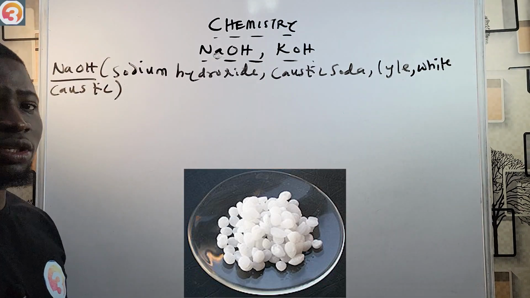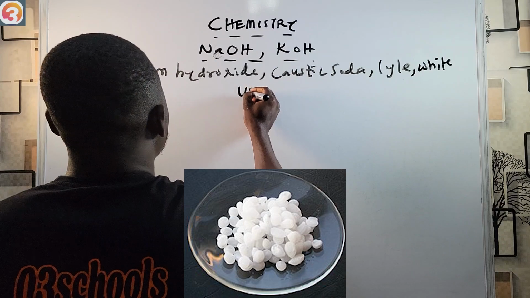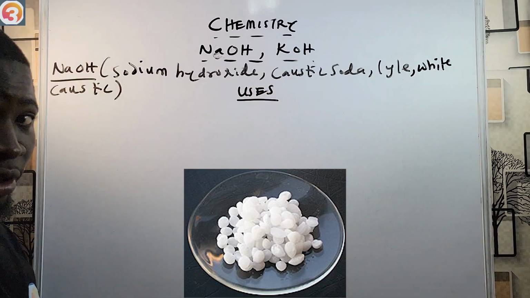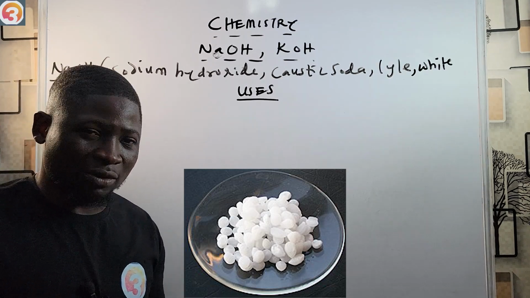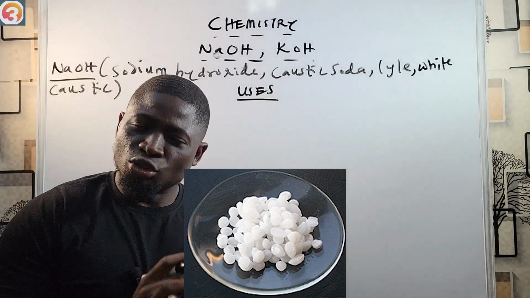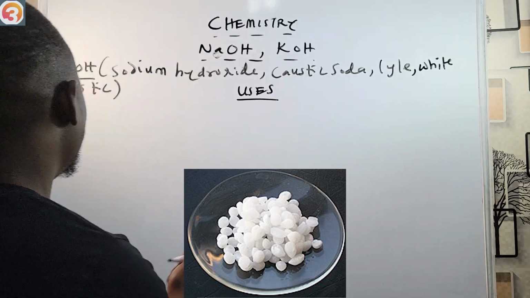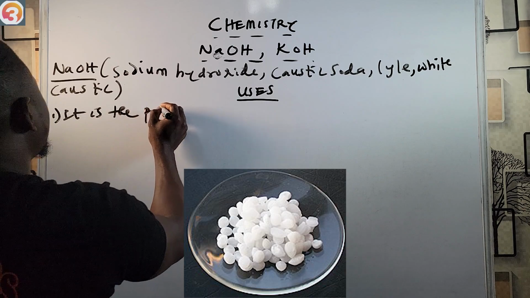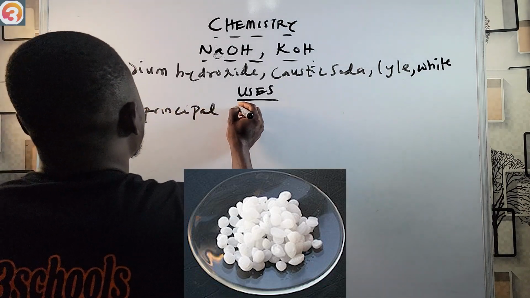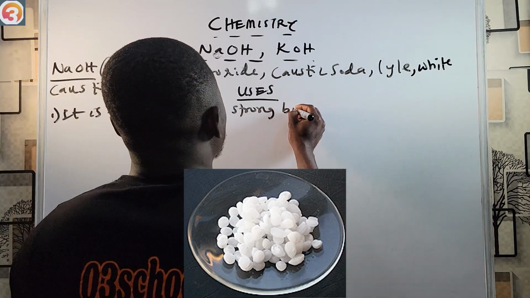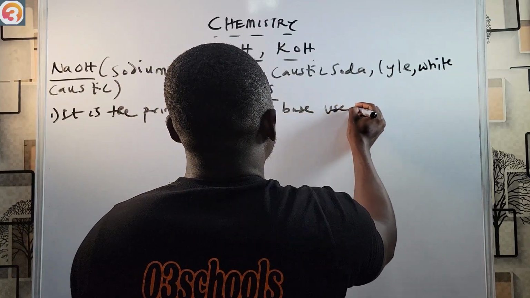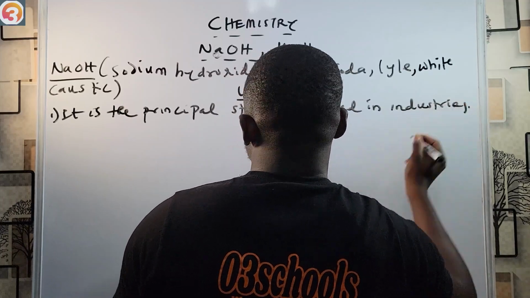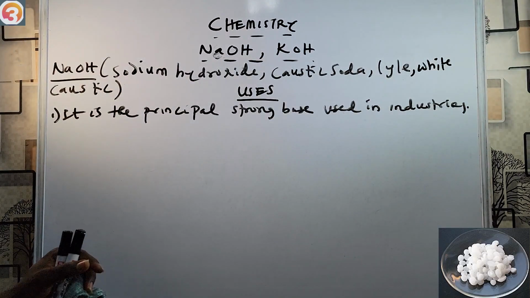So let's quickly see the uses of sodium hydroxide. It is the principal strong base used in industry, one of the most used strong bases in industry.